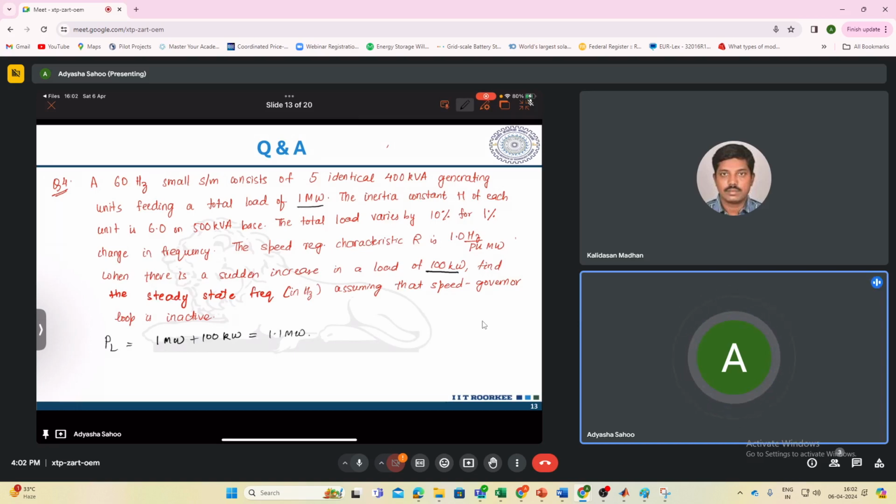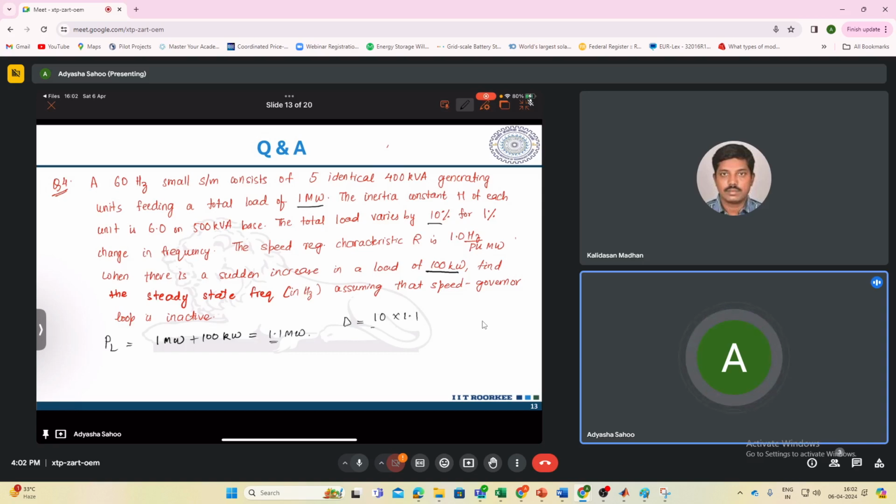Now let us calculate this D. So D we had seen, that is percentage change in load by percentage change in frequency. So here it is given load is varying by 10%. So 10% of what? Of 1.1, right?